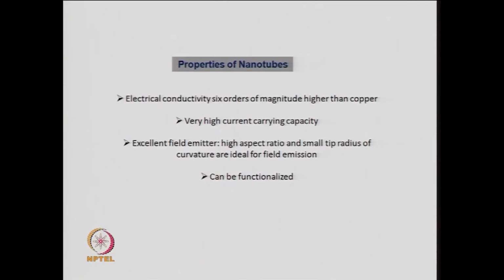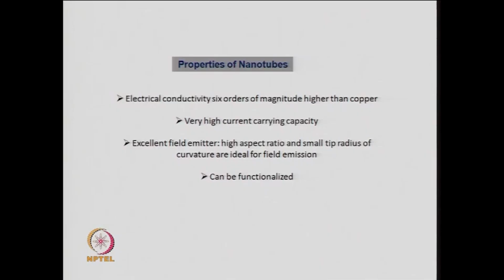Now, if you have a very high aspect ratio, that means the length is very high and diameter is very small, and you will have a very small tip radius of curvature. Now, these facts, that high aspect ratio and small tip radius of curvature, are very useful for field emission, and hence carbon nanotubes are very good field emitters.